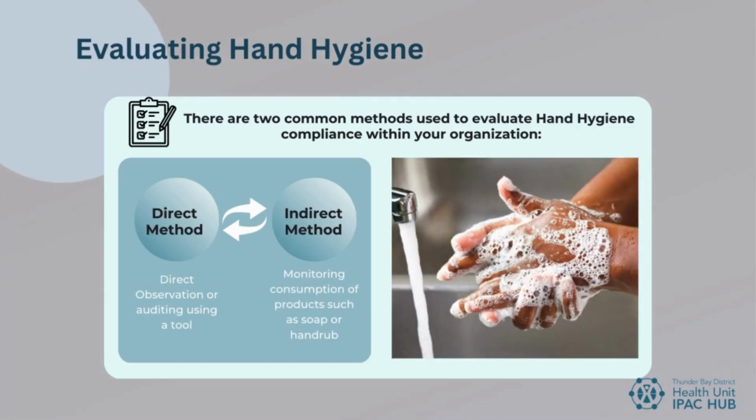Direct methods include direct observation or auditing using a tool, and indirect methods include monitoring the consumption or use of products, such as soap or hand rub, which is also important to do. For example, you fill a soap dispenser at the hand sink within the kitchen, then you note the date the dispenser was filled and go back frequently to monitor its use.